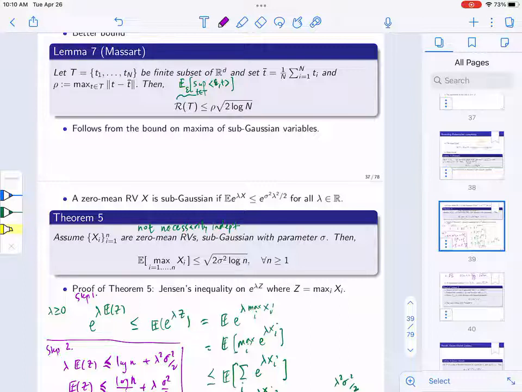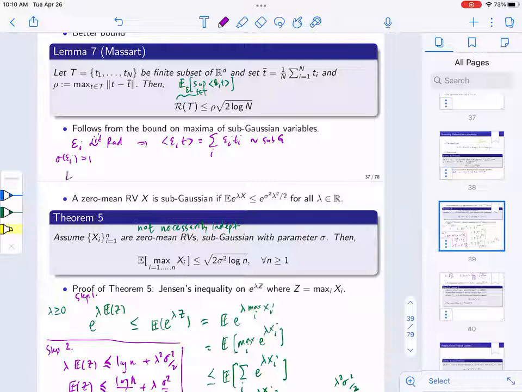So epsilon i's are IID Rademacher. From this, it follows that this guy, which is the summation of epsilon i t_i, is going to be Subgaussian as well, because Rademacher is Subgaussian. So what is a good Subgaussian norm for epsilon i? Let's call this sigma. For Rademacher variables, it's 1.